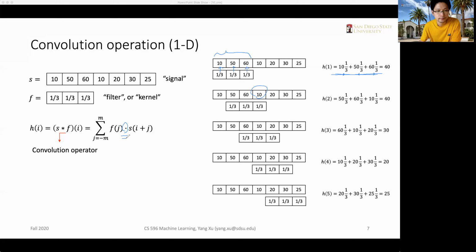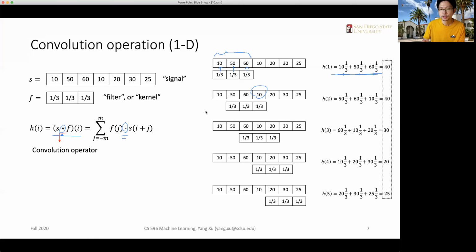Just for my notes, is the convolution operator that whole function, H of I, or just the S times F specifically? So this is not S times I. This is the notation for the convolutional operation. It denotes the convolutional operation. I see, so that asterisk is the convolution. Yeah. Oh, thank you. I missed that.